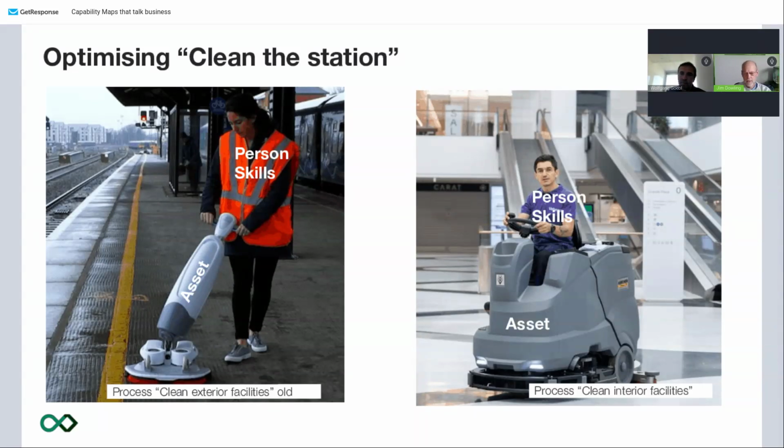On the right-hand side, that's well suited to the interior, where you're going to wet the floor, sweep the floor, wet the floor, and dry the floor all in one pass with a driven machine. A different person, different skills, and a different asset are required. So the capability, clean the station, just became two capabilities: clean rural open station platforms and clean interior station areas. Back to you, Wolfgang.